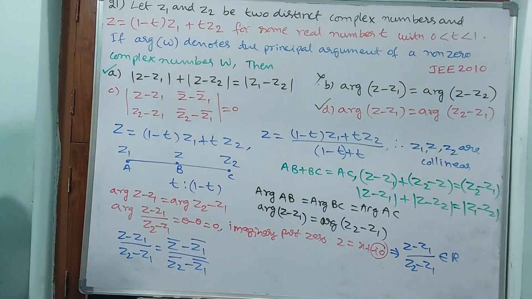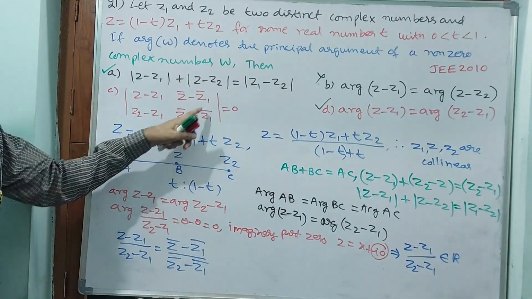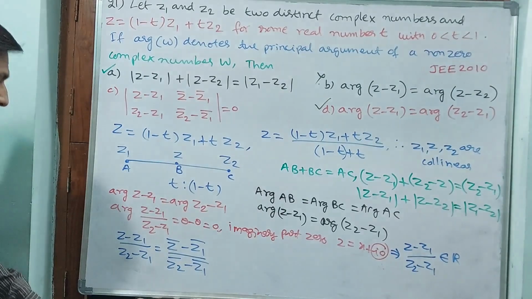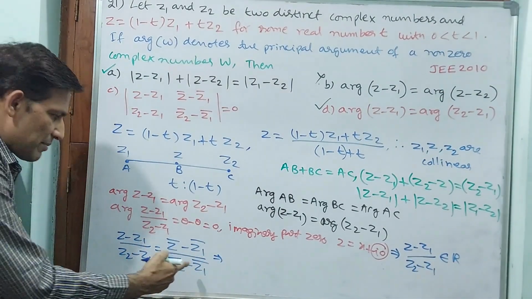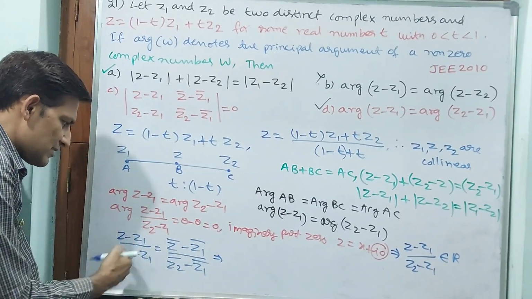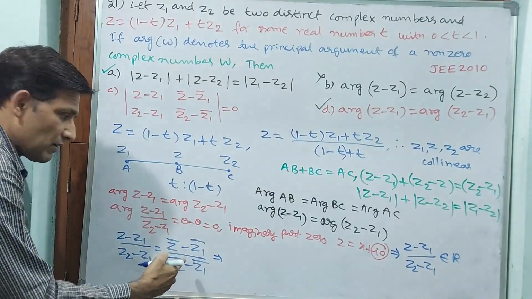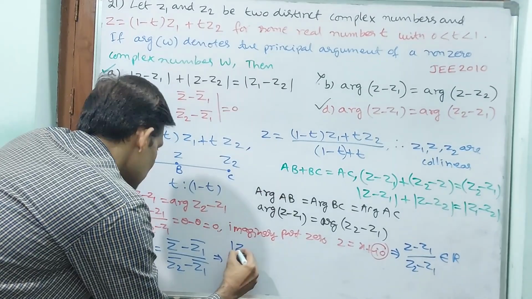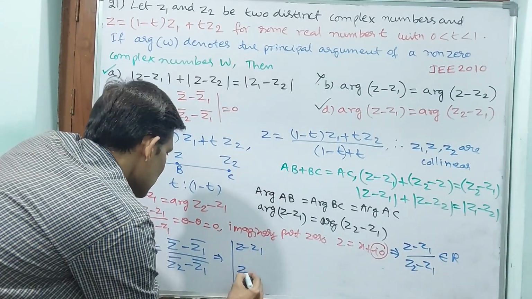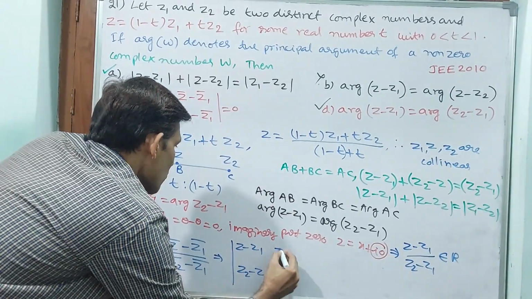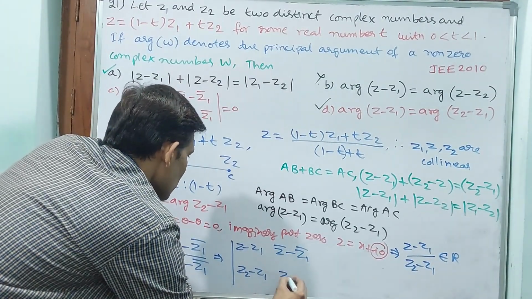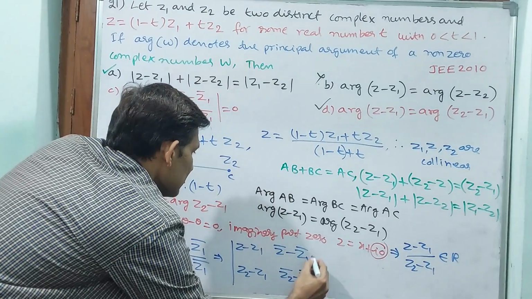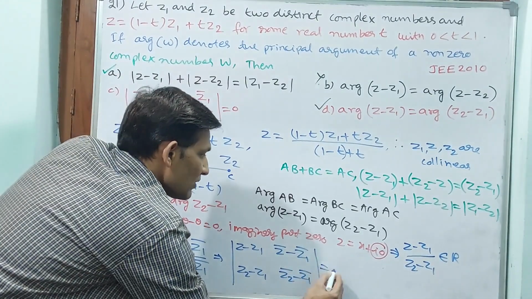Shall I write like this? Okay, definitely I can write. If this is the case, automatically I can write this. Why? Because if you cross multiply this and this, they become equal. Or else I can write this also: (z minus z1)(conjugate of z2 minus conjugate of z1) minus (conjugate of z minus conjugate of z1)(z2 minus z1) is equal to 0.